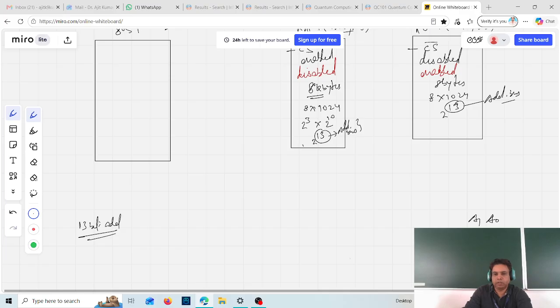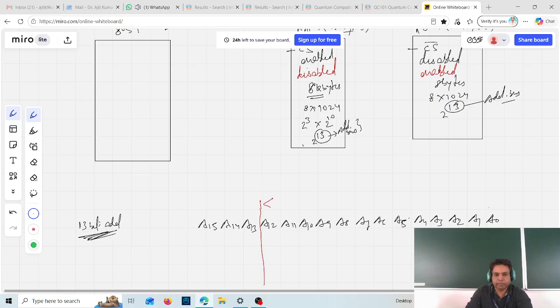The address lines are A0, A1, A2, A3, A4, A5, A6, A7, A8, A9, A10, A11, A12, A13, A14, A15. Because it is 13 bits, it is from A0 to A12 here.